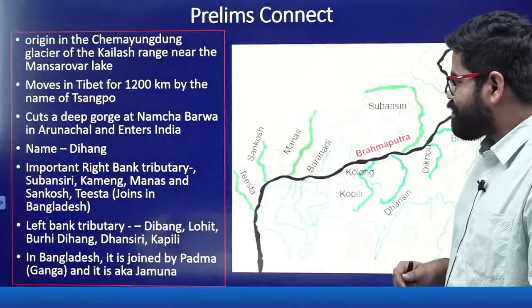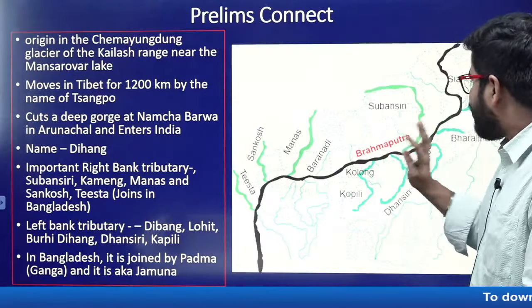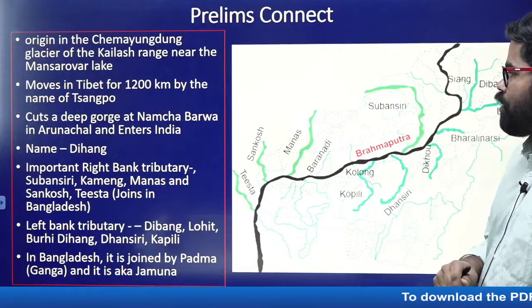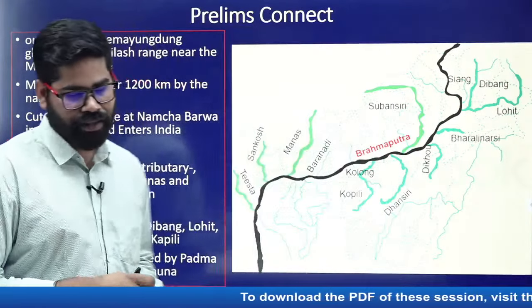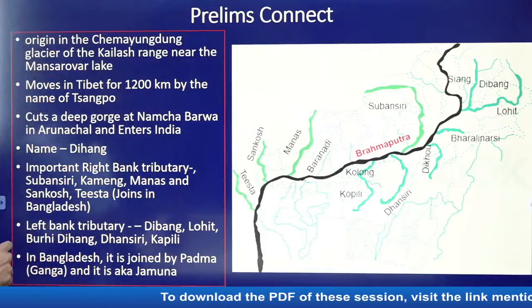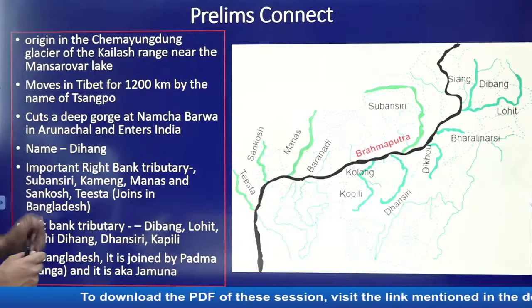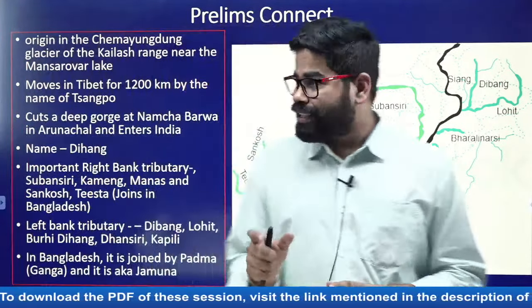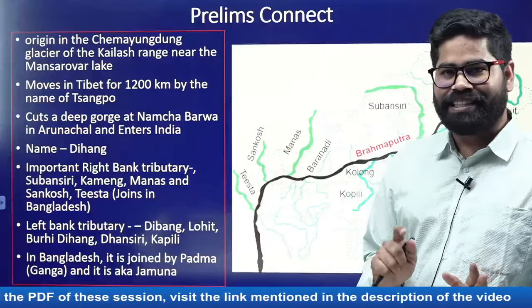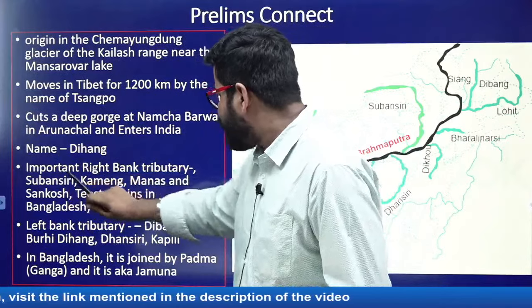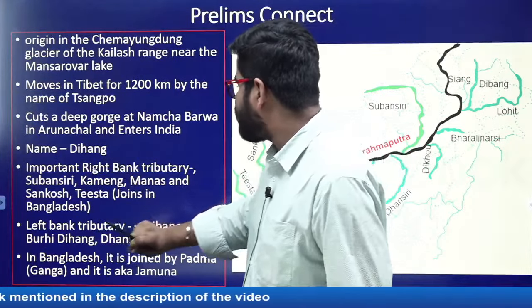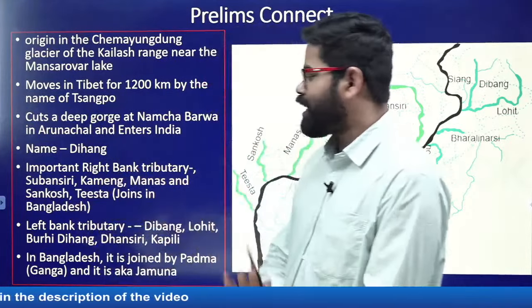See here, let's see the important tributaries of it. Just see the important tributaries of the river. This is directly from the NCERT itself. So what are the important tributaries? Subansiri is there, Kameng is there, Manas is there, Sankosh is there, Teesta is there.